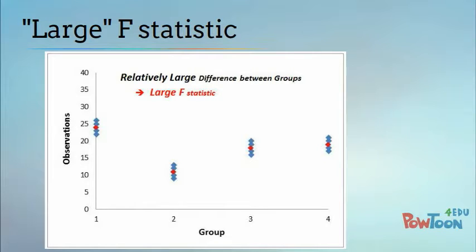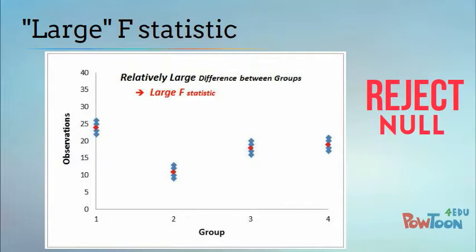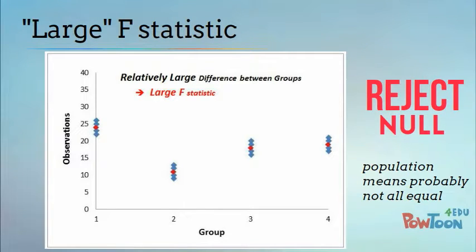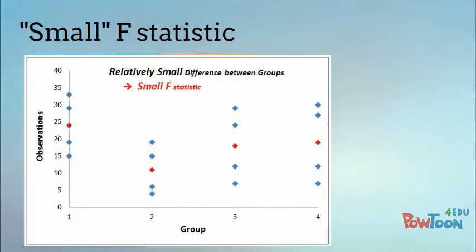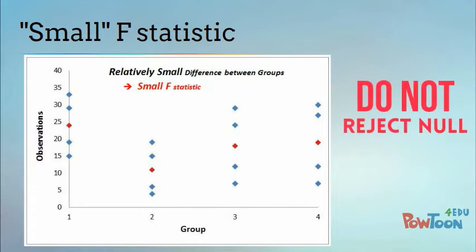In this case, we will reject the null that all means are equal and conclude that the population means are probably not all equal. If the F statistic is not too large, we conclude that any difference in the sample means could have been due to sampling error, and we do not reject the null that all the population means are equal.